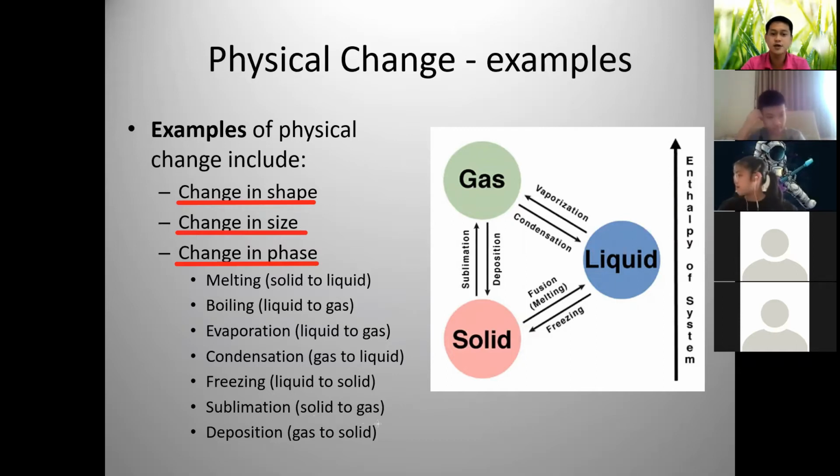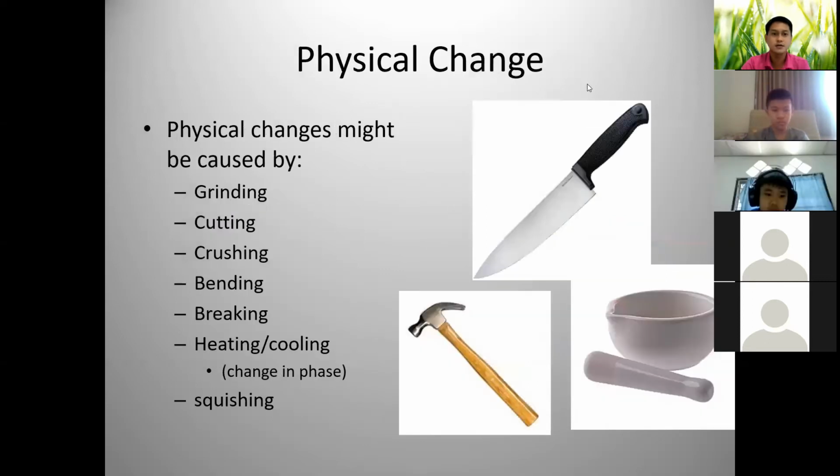Sublimation is from solid to gas. It is the process where a solid changes directly into gas upon heating. It will not change to liquid. It will directly change into gas. And deposition is gas to solid.